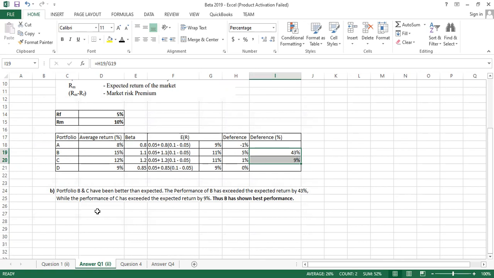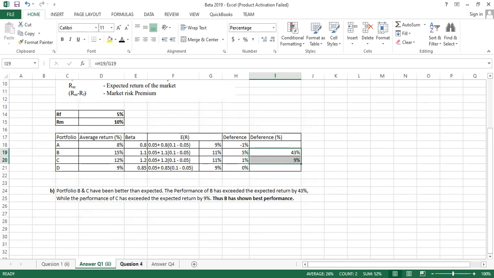So we write the answer this way: portfolios B and C have performed better than expected. The performance of B has exceeded the expected return by 43%, while the performance of C has exceeded the expected return by 9%. Therefore B has shown the best performance.